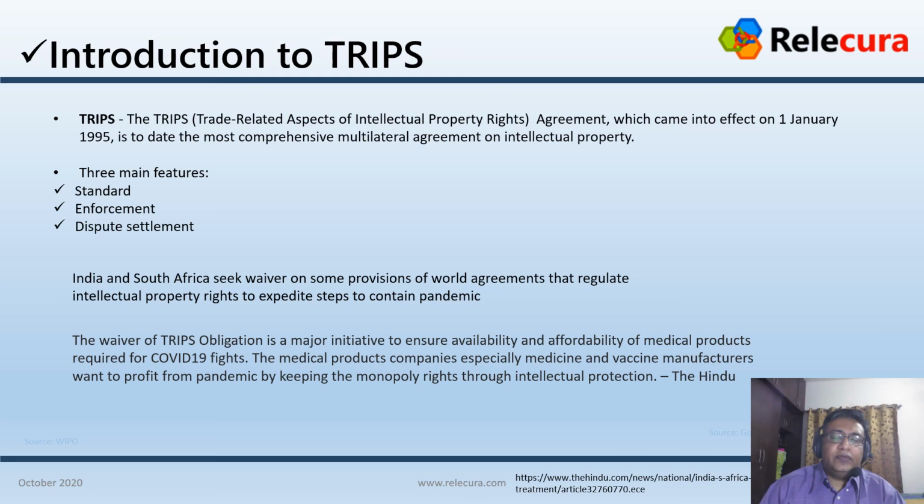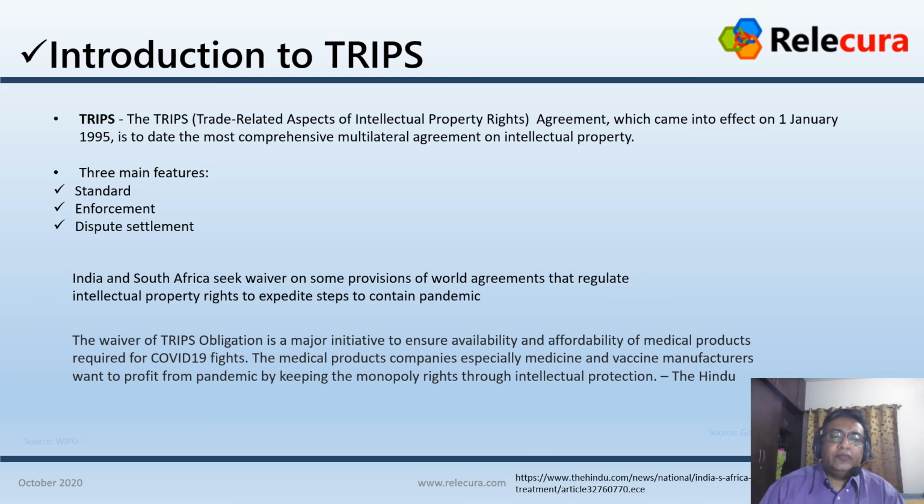Recently, you must have heard that India and South Africa have sought a waiver on some provisions of the World Trade Organization agreement that regulates intellectual property rights, related to the COVID-19 pandemic. Under this, the waiver of TRIPS obligations is an initiative to ensure availability and affordability of medical products, so that everybody can get the vaccines and drugs related to COVID-19, which are being hindered because of intellectual property rights.